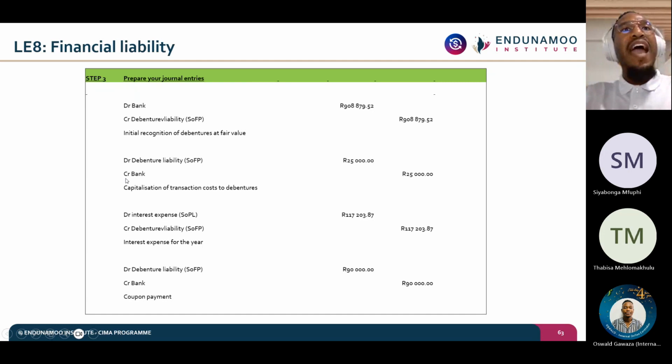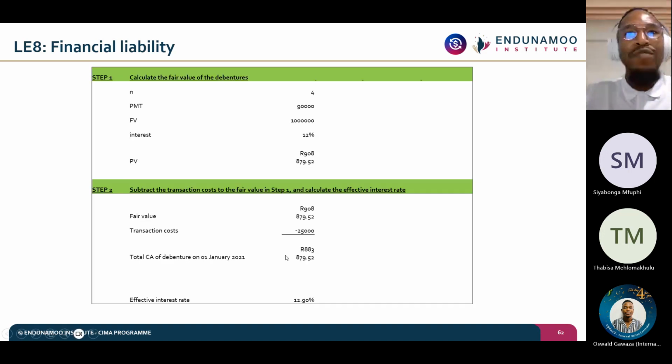Then, having paid the transaction cost of 25,000, we would need to subtract them from the debenture liability. Remember, the debenture liability is a credit balance. Us subtracting the transaction costs and essentially capitalizing them, we would have to debit the debenture liability with 25,000 Rand. This debit entry is what then brings us to the amount of 883,879 being the carrying amount on the 1st of January 2021.